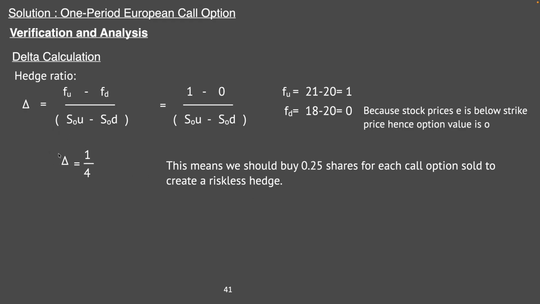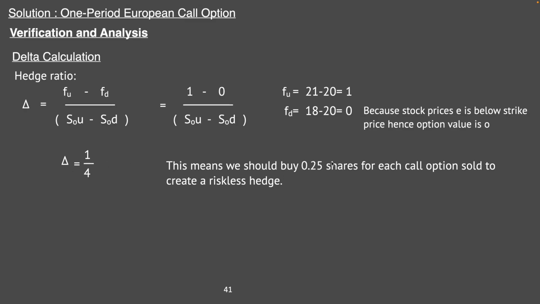So delta will give you the value of the riskless hedge you have to undertake for a combination of the underlying and the option in order to hedge the portfolio.